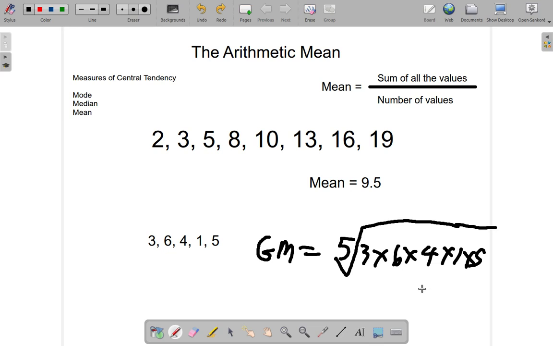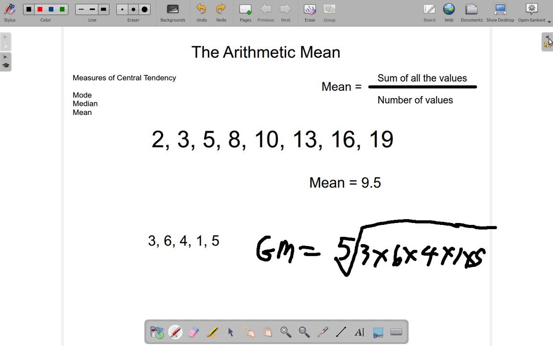Whatever number of values there is, that root of the values multiplied. Arithmetic mean, whatever number of values there is, that number dividing the sum, dividing those numbers added. The geometric mean, the number of values, you take that root of the numbers multiplied. So that's the difference. That's the geometric mean.